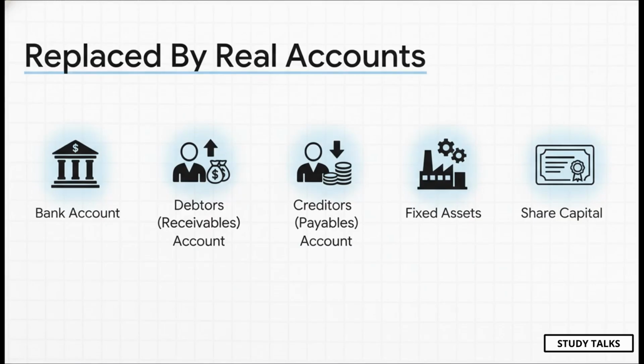Well, we use the real accounts, the ones you've known since day one of your accounting studies. When you buy materials on credit now, you just credit the creditors or payables account directly. When you sell something on credit, you just debit the debtors or receivables account. No more stand-ins. You're using the actual, real financial accounts inside one unified system.